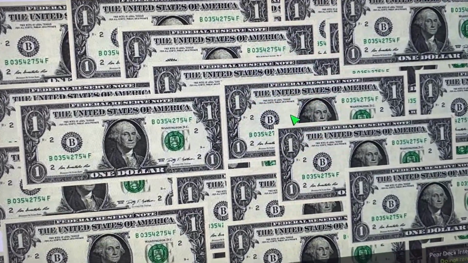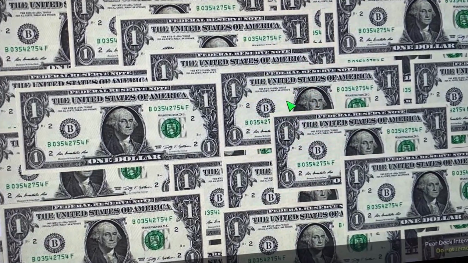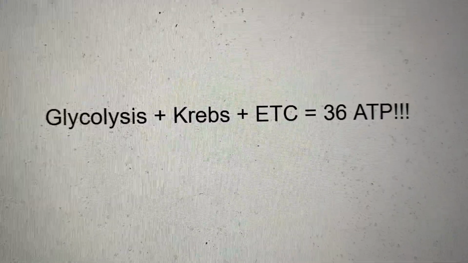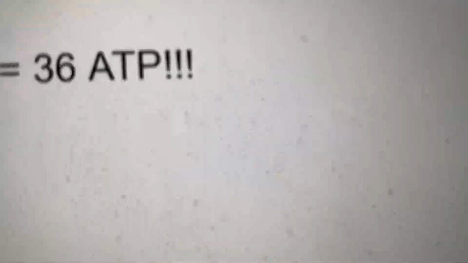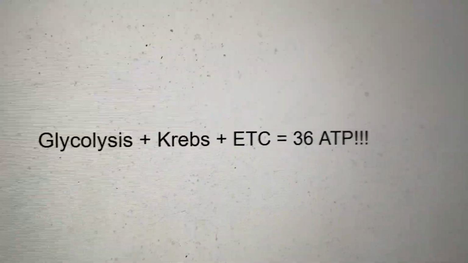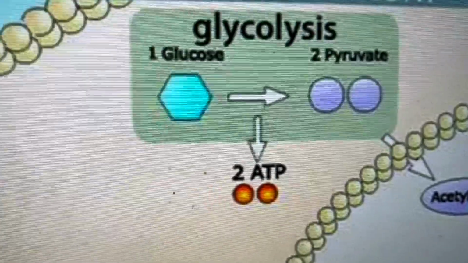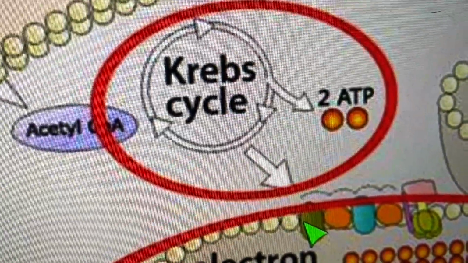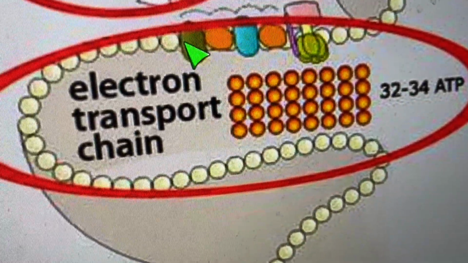So that's what you want to do if you need energy, right? You want to do what's called cellular respiration. You take one glucose and you get 3 steps: glycolysis, Krebs cycle, and ETC. You want $36 worth of energy, right? 3 steps are glycolysis, you get 2 ATP. Krebs cycle, you get 2 more ATP. In electron transport chain, you get anywhere from 32 to 34 more ATPs.